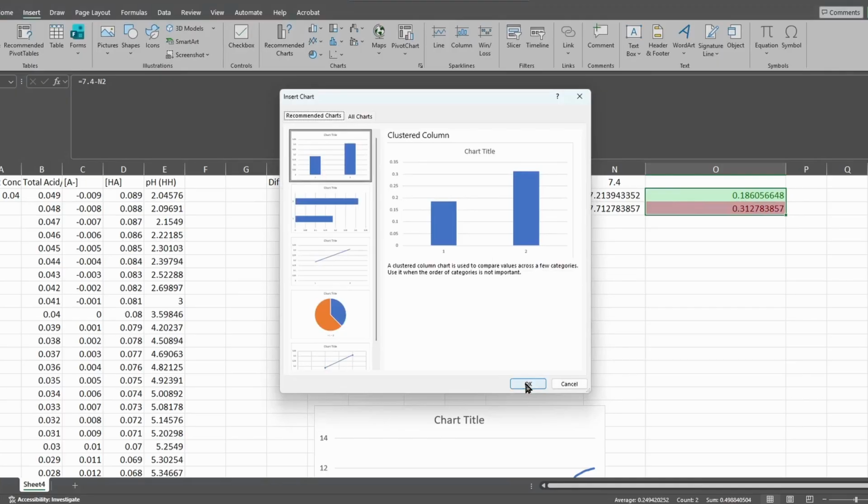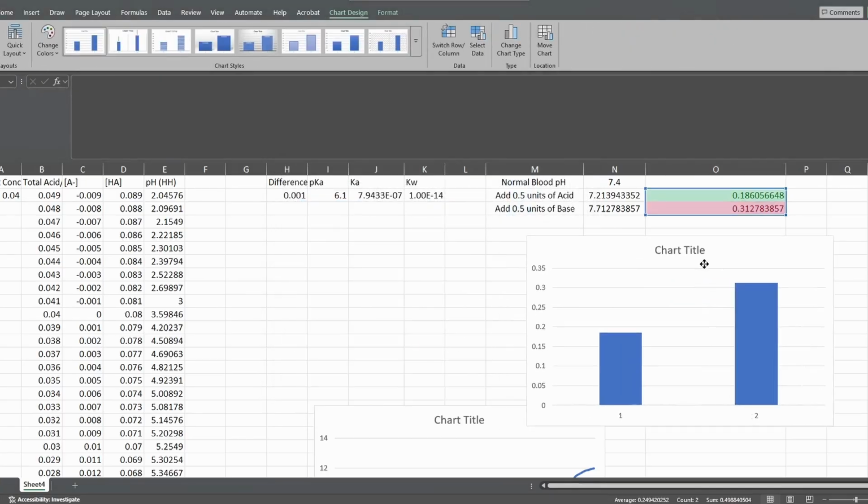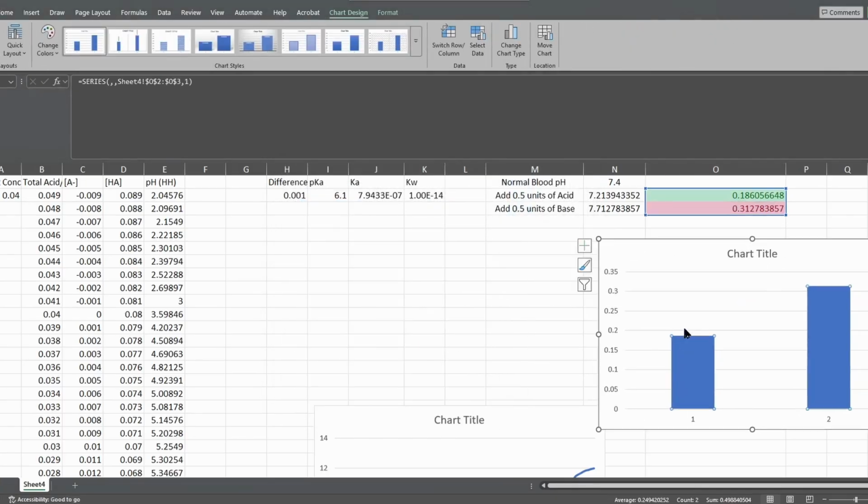When we add the acid, there is little increase in pH, but if we add a base, then there is more increase in pH. It means that this bicarbonate buffer system is much more equipped to fight the acid load as compared to the base. So this makes sense.